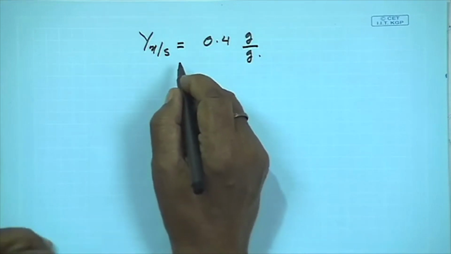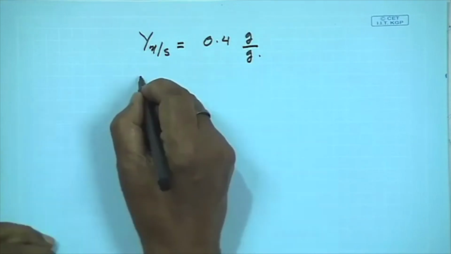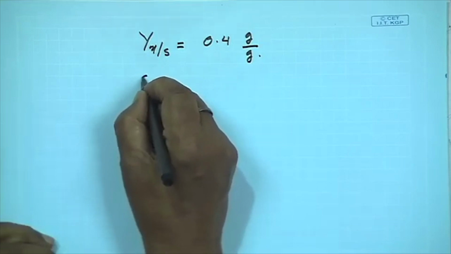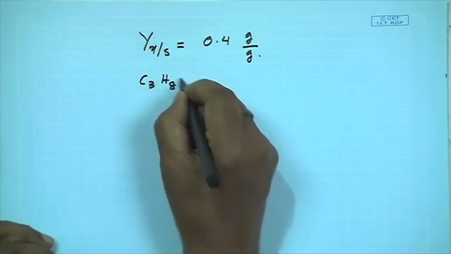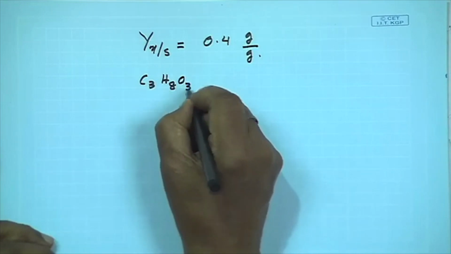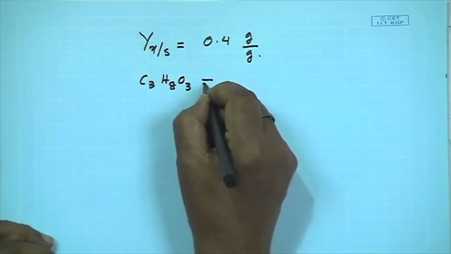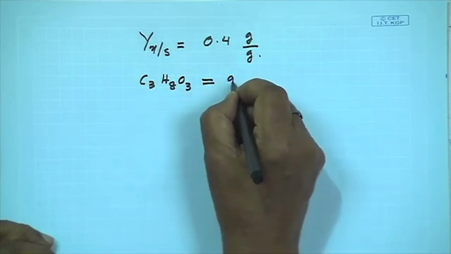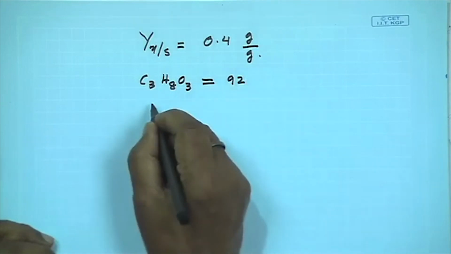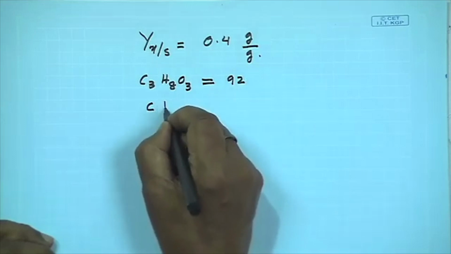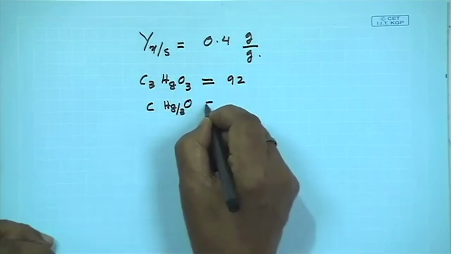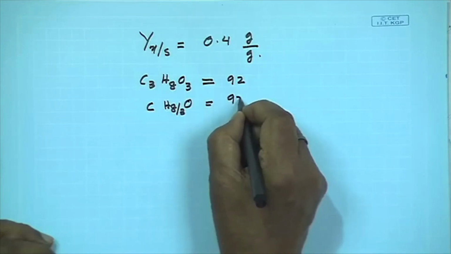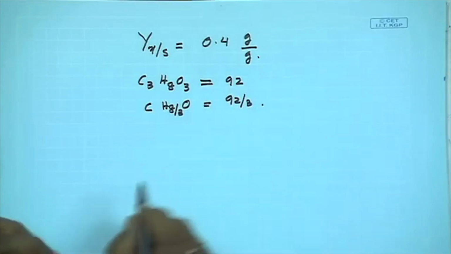Now glycerol has the empirical formula C3H8O3, and its molecular weight is about 92. If you consider 1 gram atom of carbon, then CH8/3O, the molecular weight is 92 by 3.